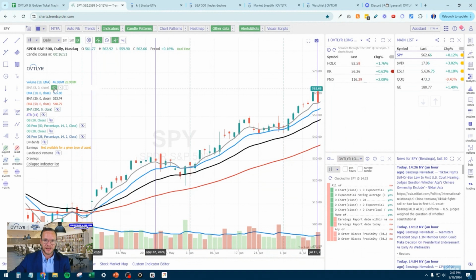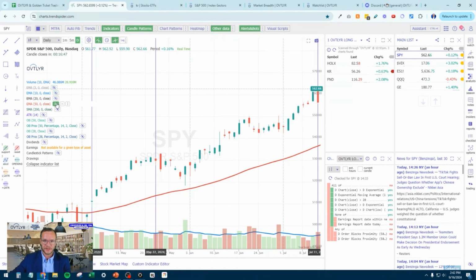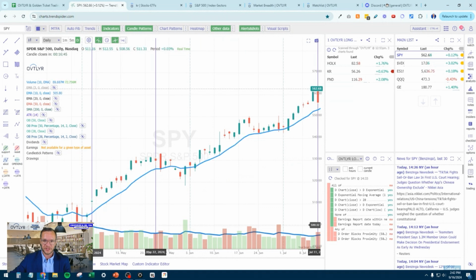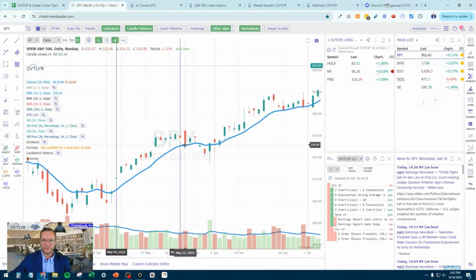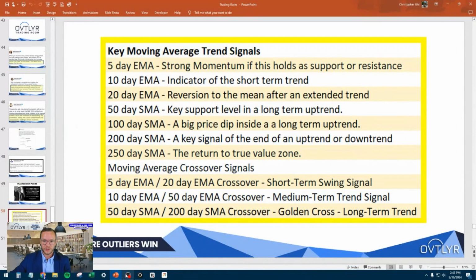Now, let's say that you gave Spike a 10-foot leash, okay? In fact, let's clean this up a little bit more. Let's say you give Spike a 10-foot leash, just like you would maybe follow the 10-period moving average. So it crossed over the 10-period moving average here, didn't even come close to it, not even looking at it. And then we get to here, and you can see Spike had to sit down, the market had to sit down, and it pulled back. Now the 10 is your indicator of the short-term trend, right?